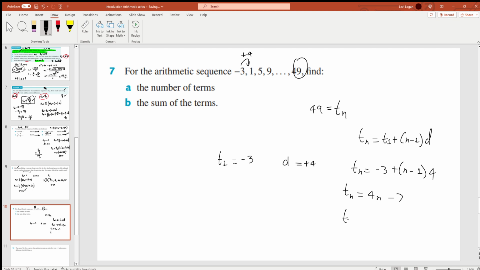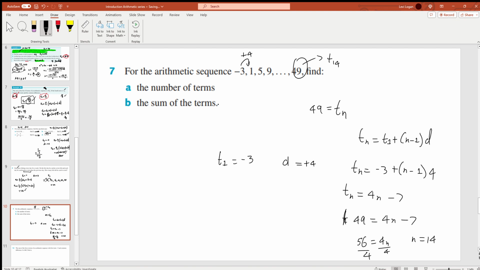So now you substitute in 49 here. So 49 equals 4n minus 7. So 49 plus 7 is going to be 56 equals 4n, divided by 4. And let's see what that gives you. I'm pretty sure that's going to be 14. Yeah, n equals 14. So that means that's the 14th term.